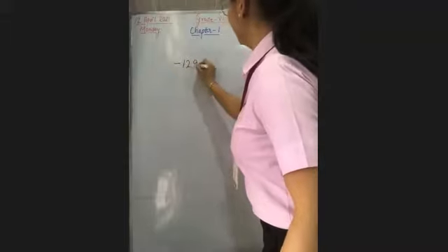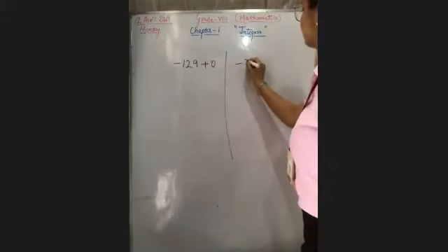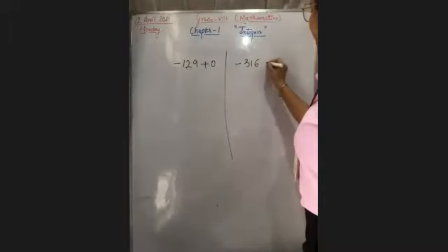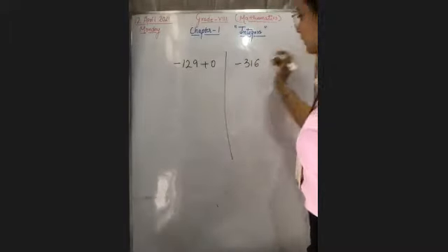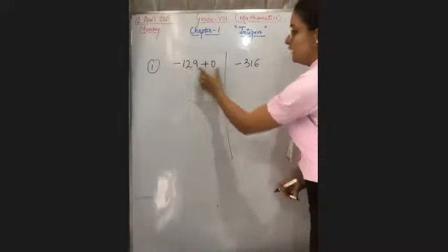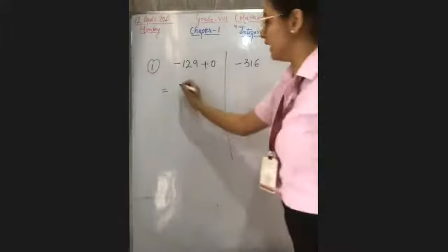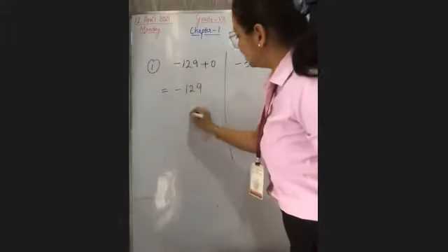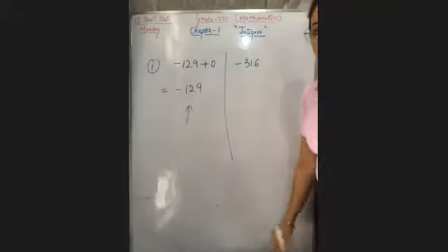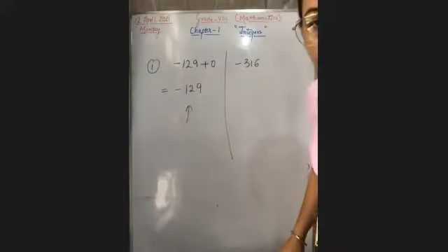Minus 129 plus 0, and here is minus 316 plus 1. Please tell me, minus 129 plus 0, answer will be minus 129. This is which property? Additive identity or additive inverse? Please tell me quickly.